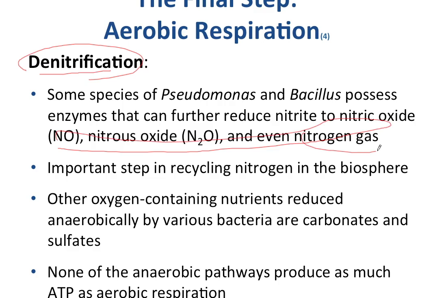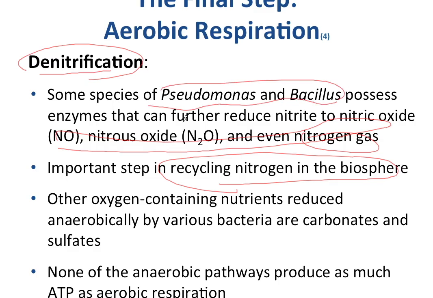This is very important for the recycling of nitrogen on our Earth. For example, species of Pseudomonas and Bacillus have the specific enzymes to continue reducing the nitrates.